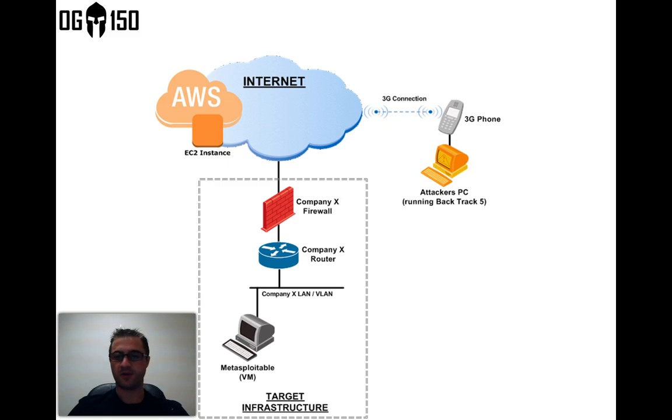That attacker's PC could be wirelessly connected to McDonald's or some coffee shop. It could be connected to an ADSL router at the attacker's home. The point is, the attacker is connected somewhere on the internet. Doesn't matter where, and from there he will be able to access this metasploitable server.